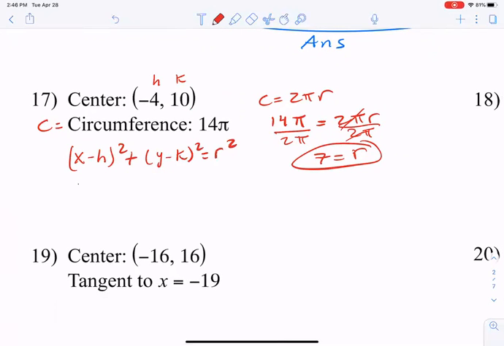We have x minus h, which is plus 4 in this case, because negative and negative is a positive. And then we have y minus k, y minus 10 in this case, squared, and this is r squared. We have r, but we need r squared. So if you square both sides, you get 49. So this is 49, and that's the answer for this problem.